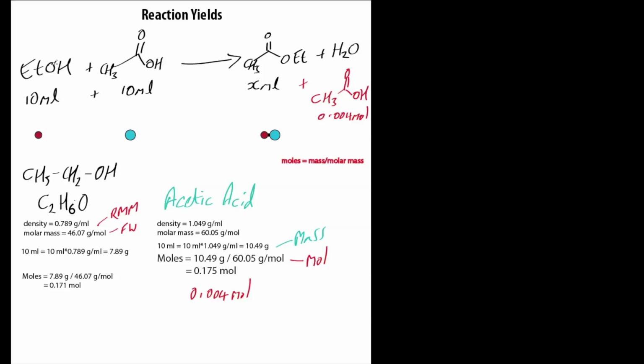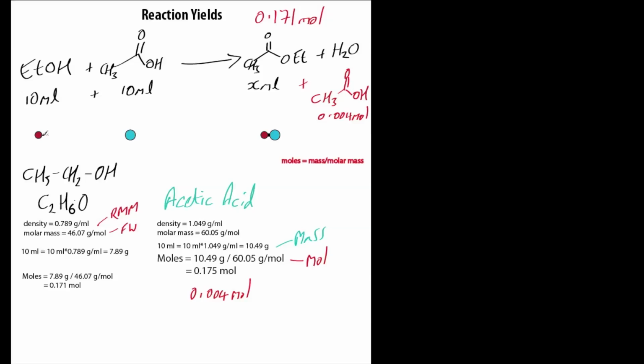If all these molecules react, then they should all be incorporated here. And this is a new molecule, so it should have the same number of molecules as product as you added of the starting material. So that should become 0.171 moles.